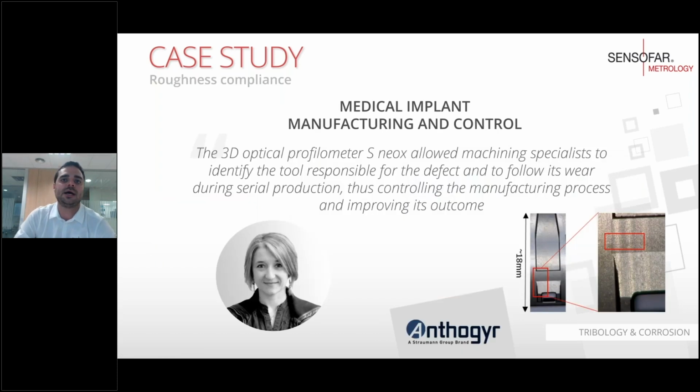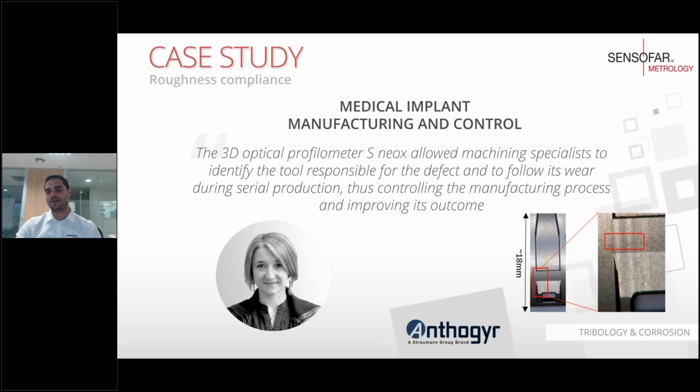In this case, it's a medical implant company that has to manufacture their implants with a certain roughness. So they wanted to analyze that each sample had a specific roughness, and that there was no tool during the manufacturing process that was not doing its job well.